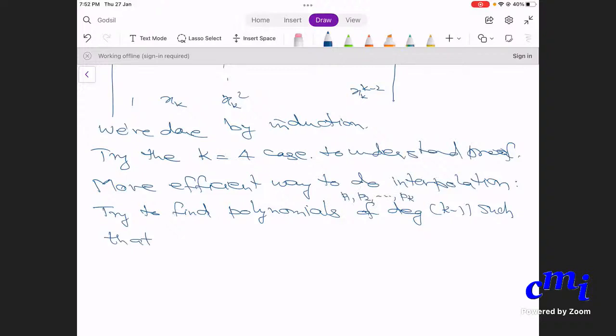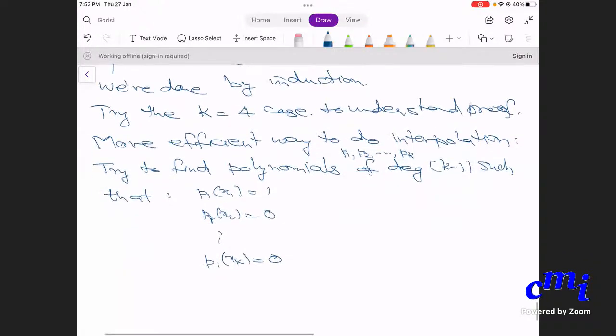Let us try to find k different polynomials, all of degree k minus 1, such that at x1, P1 is 1, and at x2 up to xk, P1 is 0.